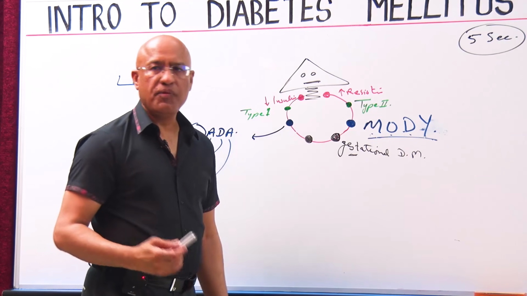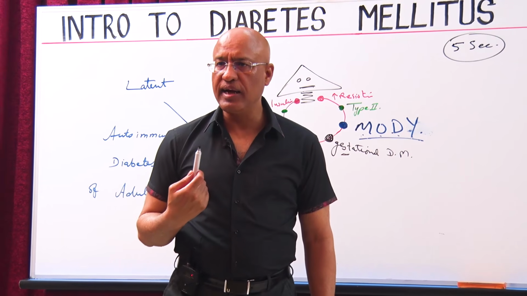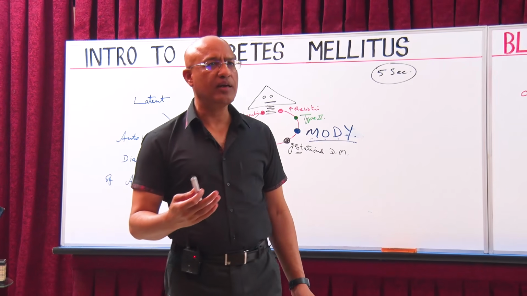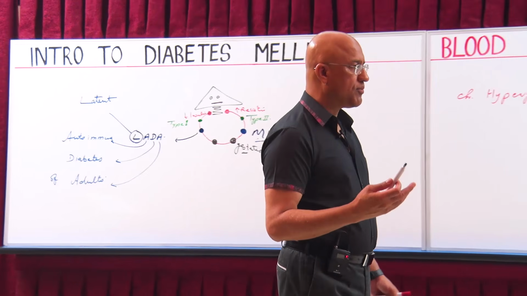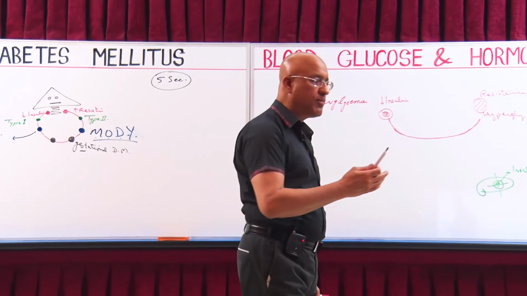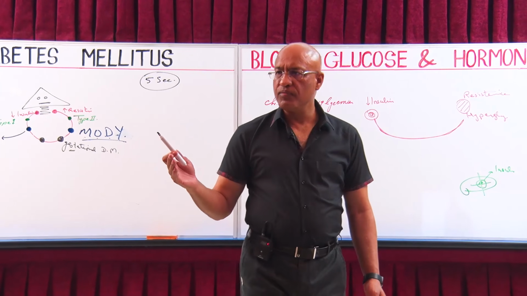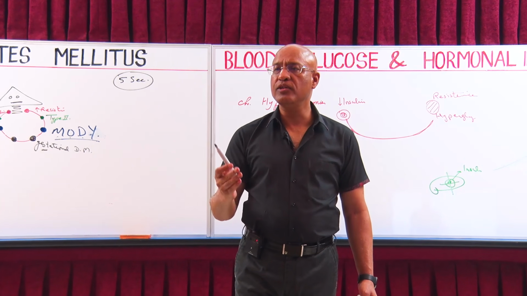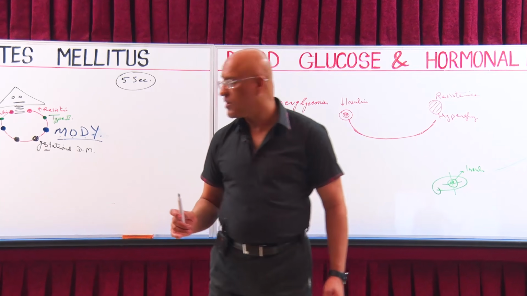For example, if I take some drug and that drug produces hyperglycemia, and if I'm taking that drug chronically, for a long time, then I will have a tendency for chronic hyperglycemia, and we say that there is drug-induced diabetes mellitus, right?